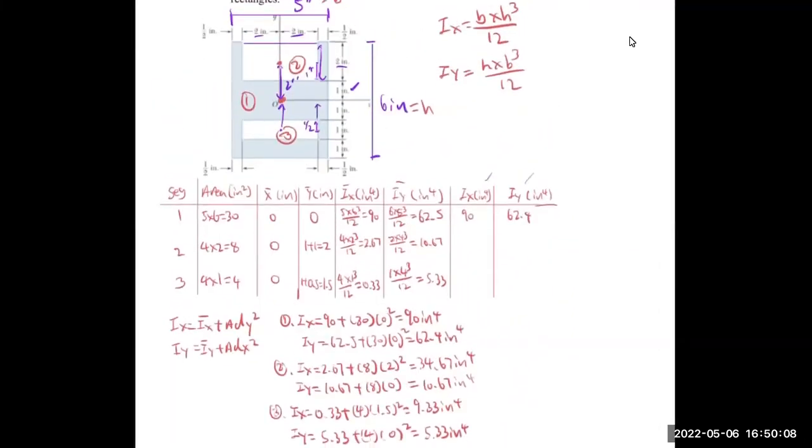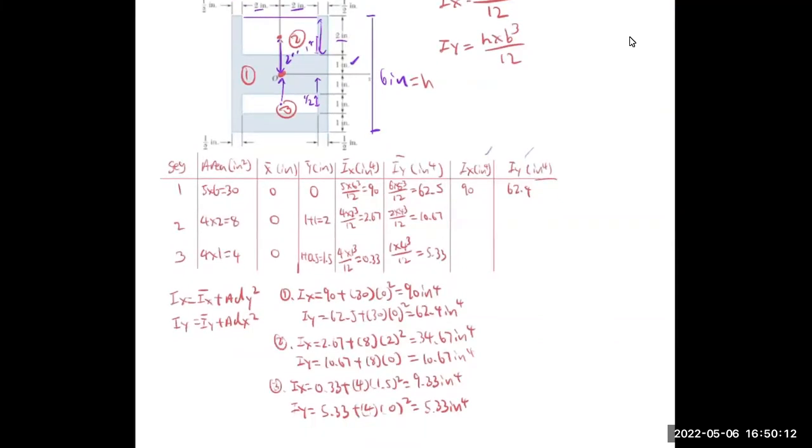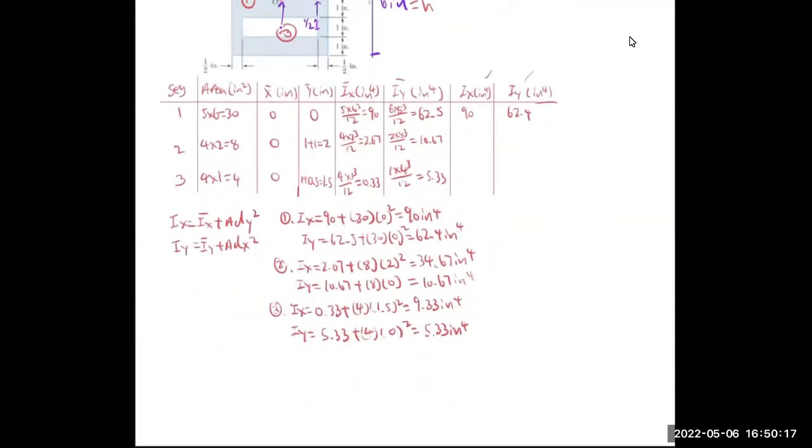Next, we have to determine the total moment of inertia. Like I said, we have to subtract the moment of inertia of 2 and 3 from 1. So Ix will be equal to Ix1 minus Ix2 minus Ix3, and same for the y. So Ix will be equal to 90 minus 34.67 minus 9.33. That's because segments 2 and 3 are empty.